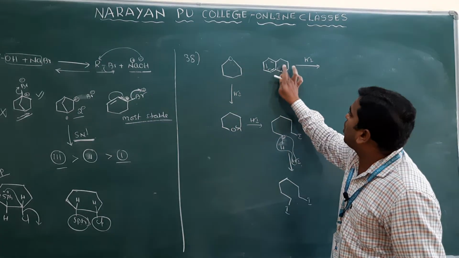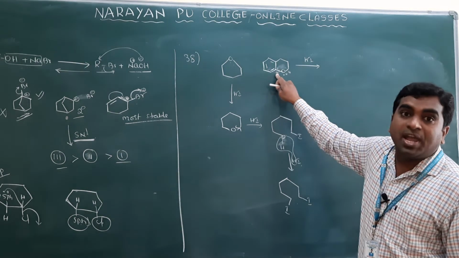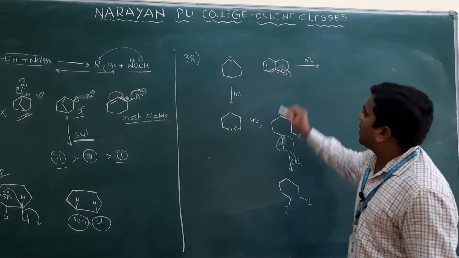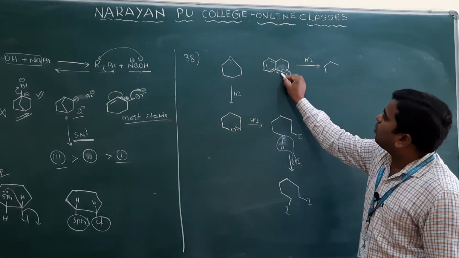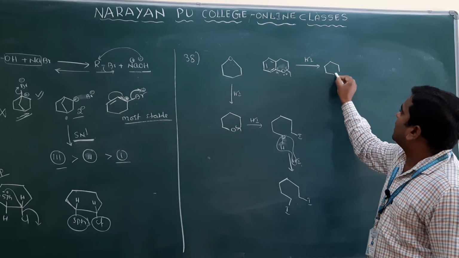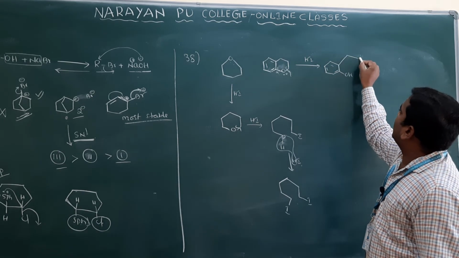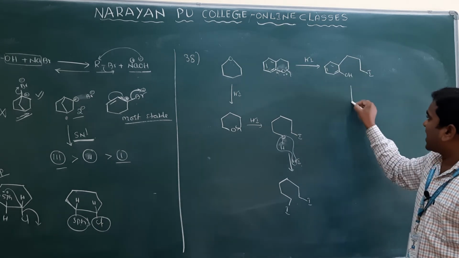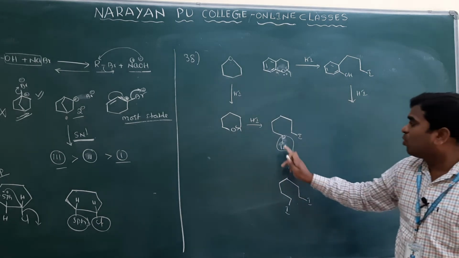So that's why you should not break this bond, the A bond and the B bond. You should not break the A bond. You have to break the B bond. Clear? Then what happens? You see, you have to add hydrogen to the O. Then you will get the compound with OH, and here you will get iodine. Next, because we treated with HI, will this OH and H be removed like in this case?